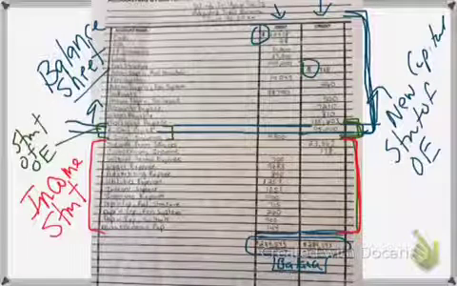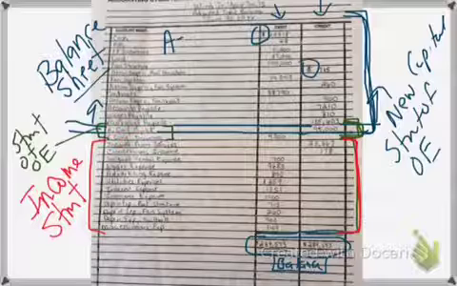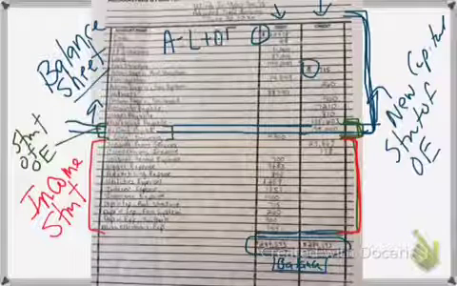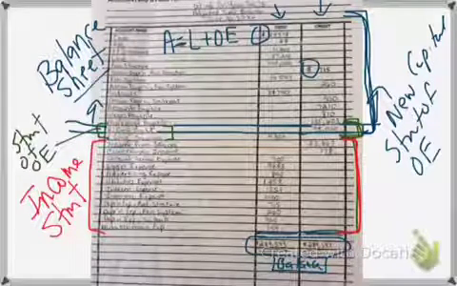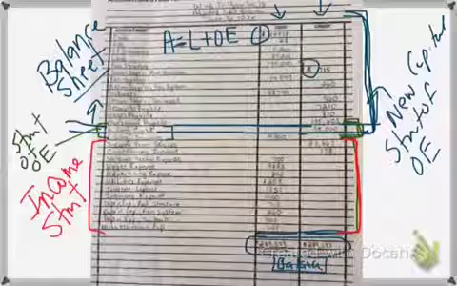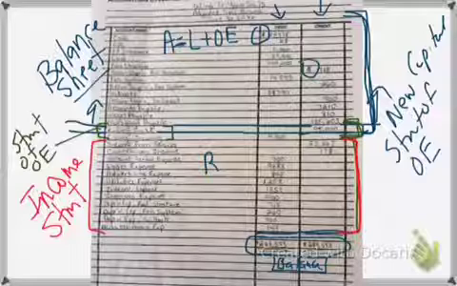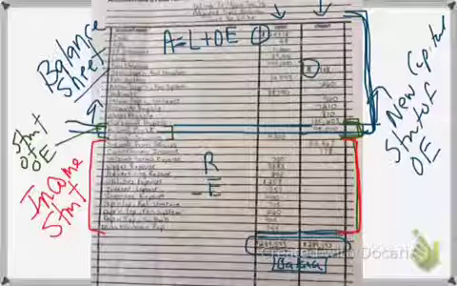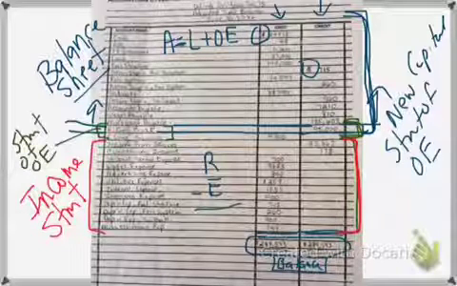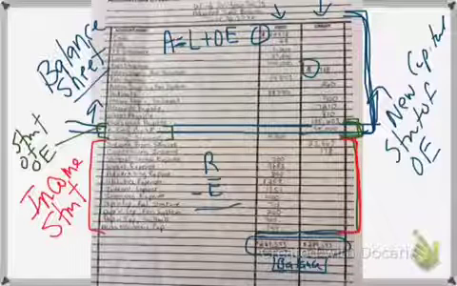Remember, the balance sheet is assets equal liabilities plus owner's equity. And so that is what we're going to be looking at as far as the balance sheet is concerned. The income statement is revenues minus expenses. So that's the flow.